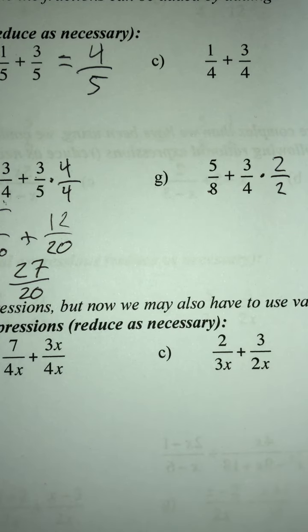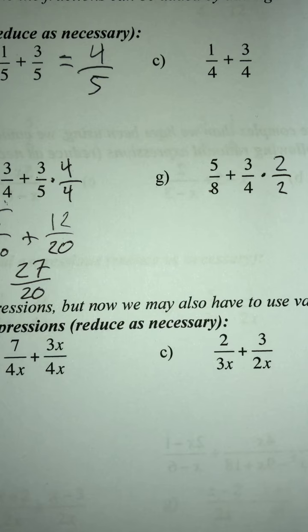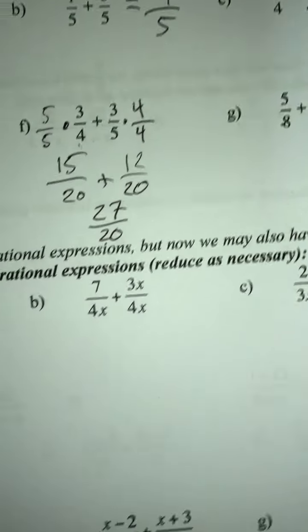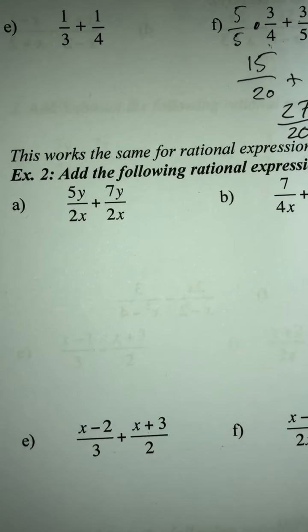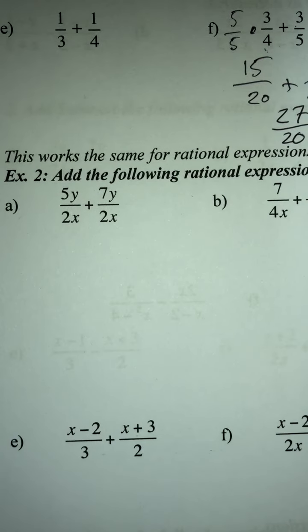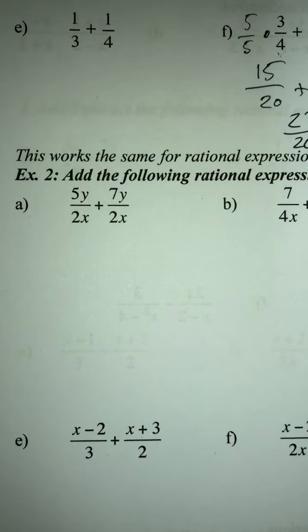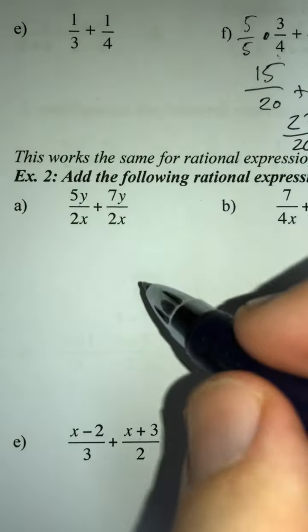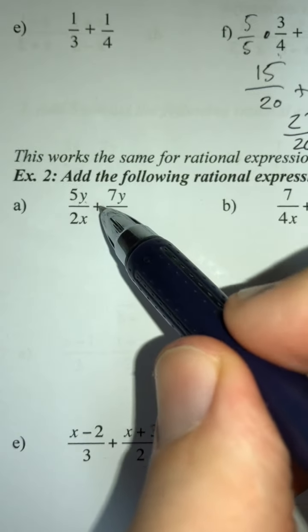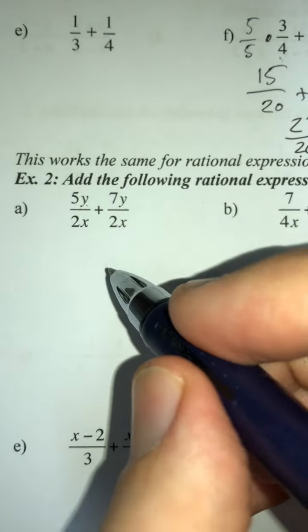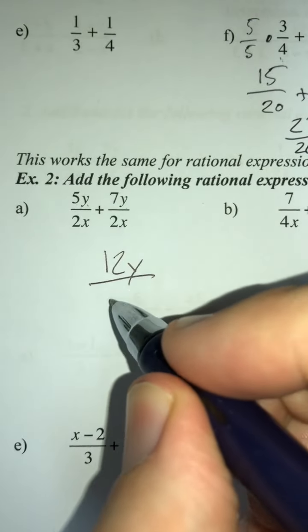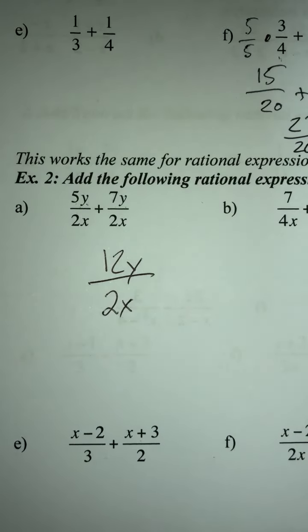We can also do the same thing now with rational expressions. So if I give you something like this for A, the denominators are the same, so I can simply combine them. So add what's up top. 5y plus 7y will give me 12y over 2x.